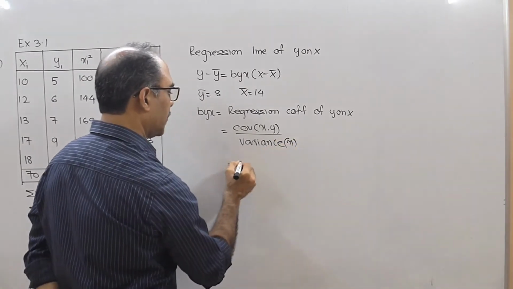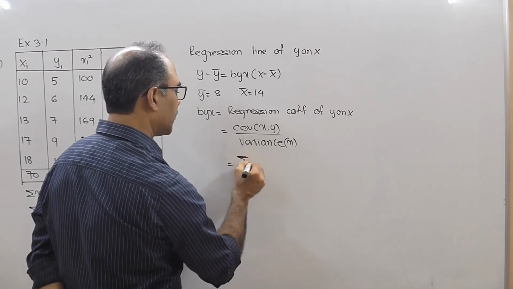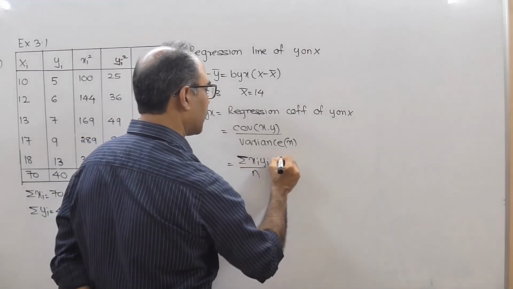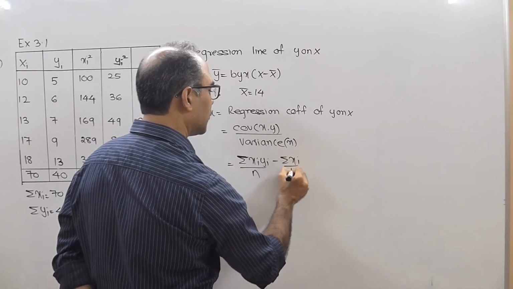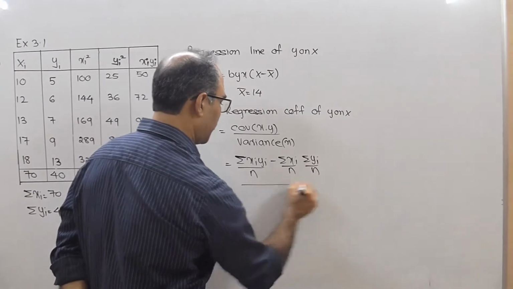I think the numbers are small, so the formula will be sigma xi yi upon n minus sigma xi upon n into sigma yi upon n.